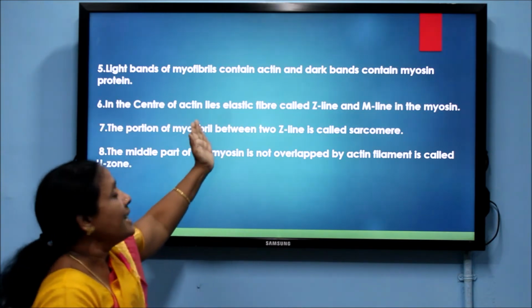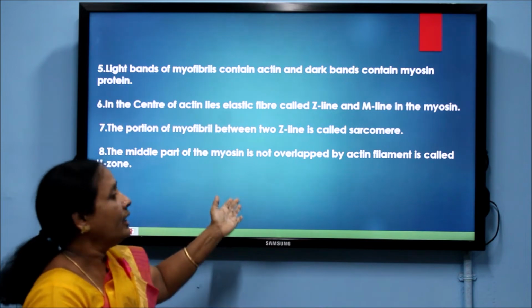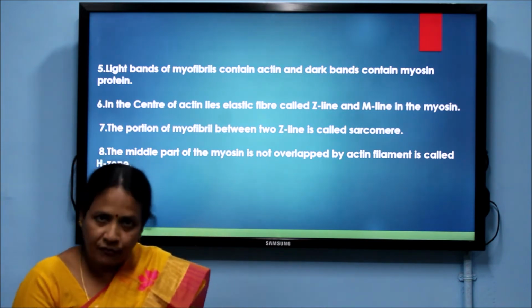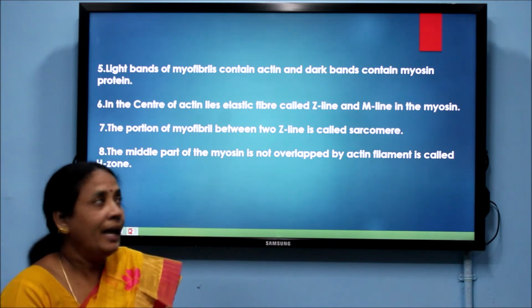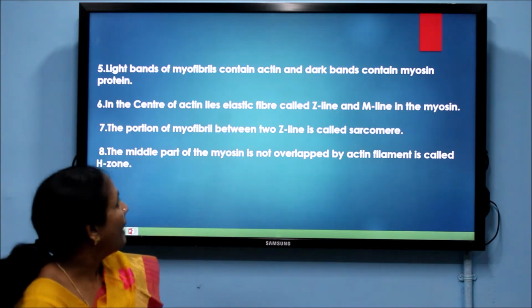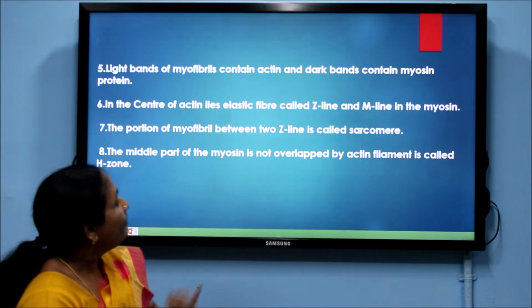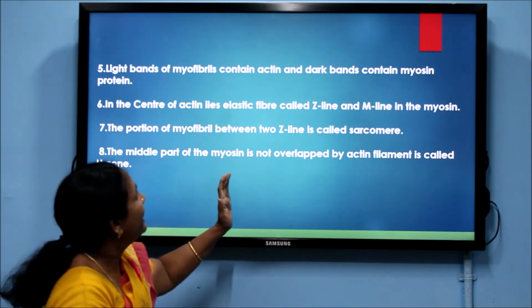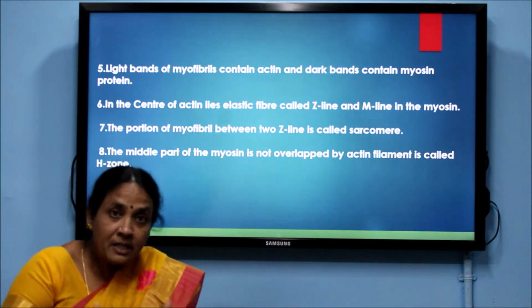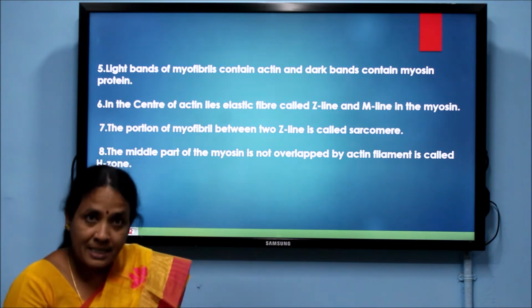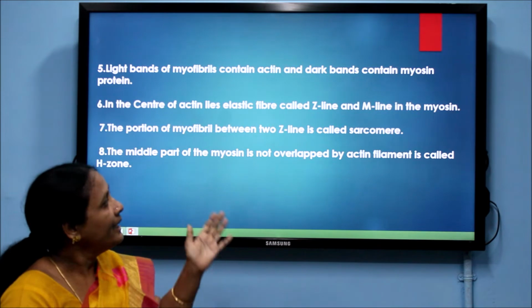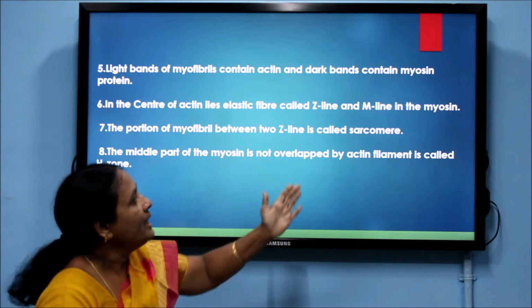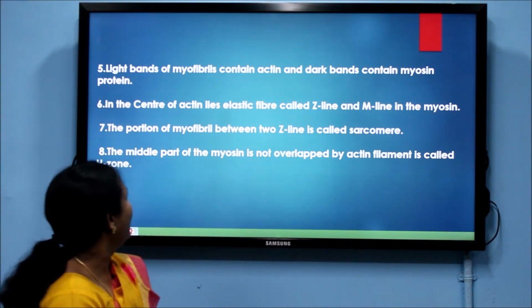At the center of the actin filament we can see the elastic fibers, which are said to be the M line in the myosin, and the Z line in the actin. In between the actin there is a line which is said to be the Z line, and in the center of the myosin there is a line called the M line.